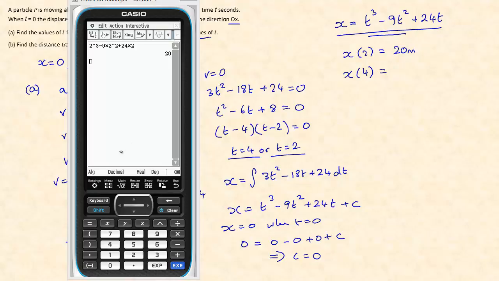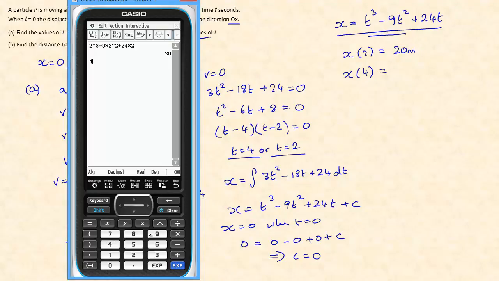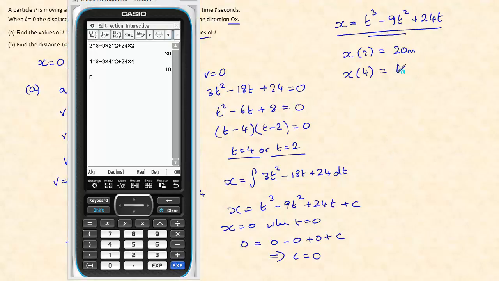And then for 4, that's going to be 4 cubed, take away 9 times 4 squared, add 24 times 4, and that gives me 16 meters.